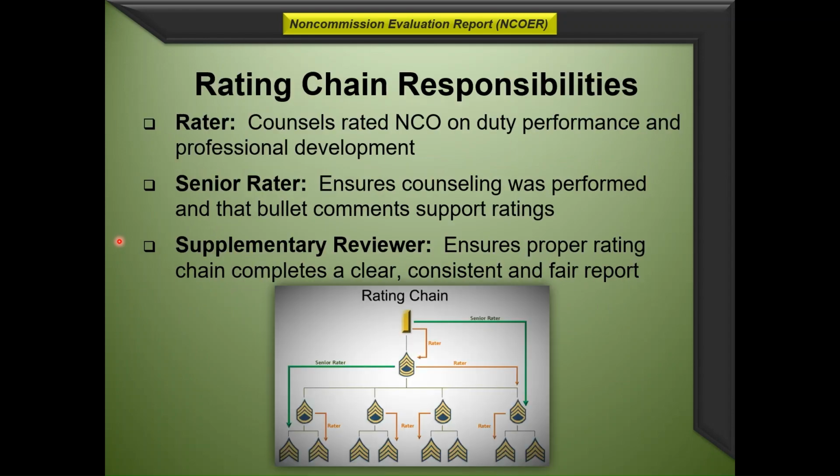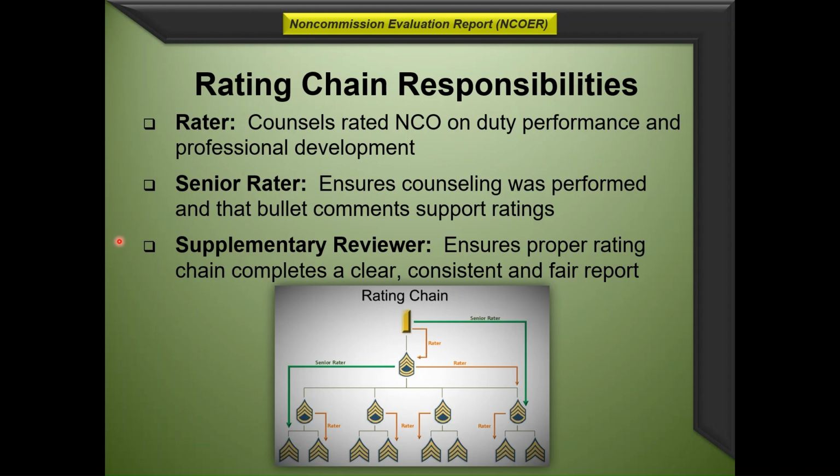First off, we're just going to talk about the actual rating chain. This is exactly who will be making the evaluation of the person who is getting rated during that time. So you have the rater, and that is the first line supervisor of that individual getting rated.